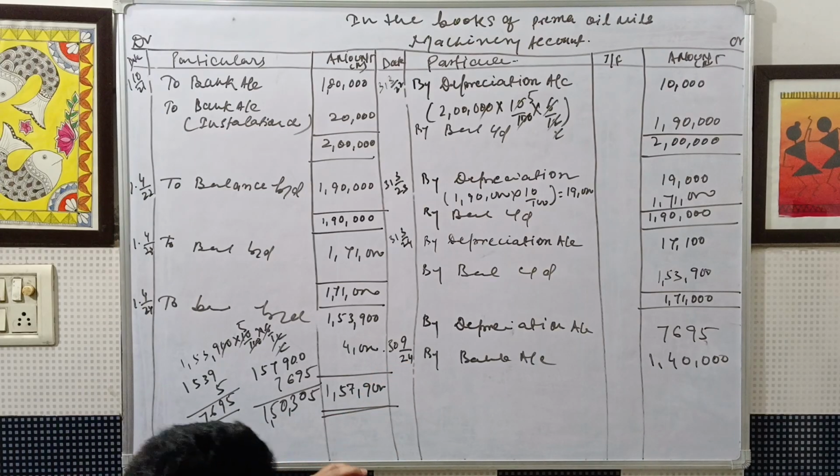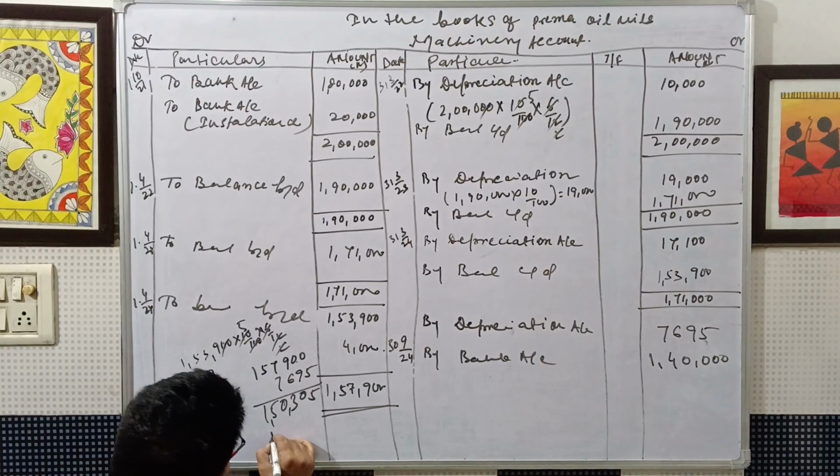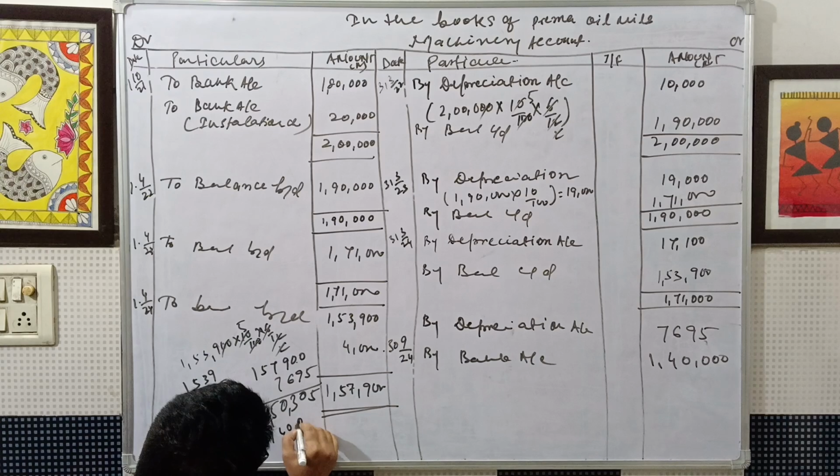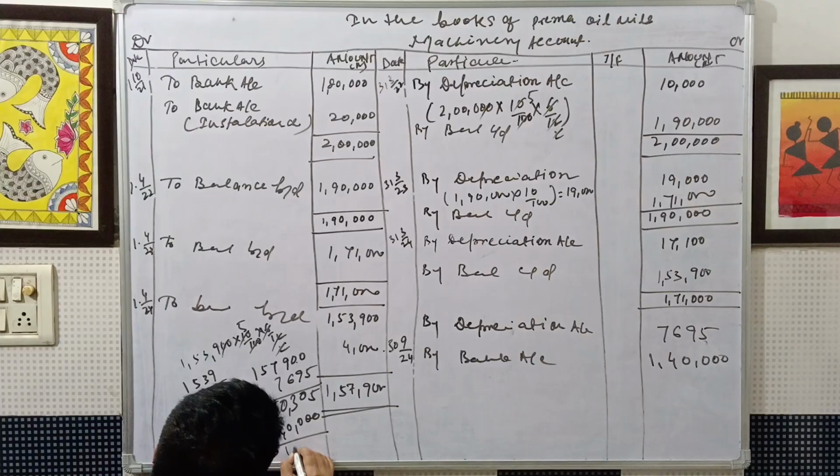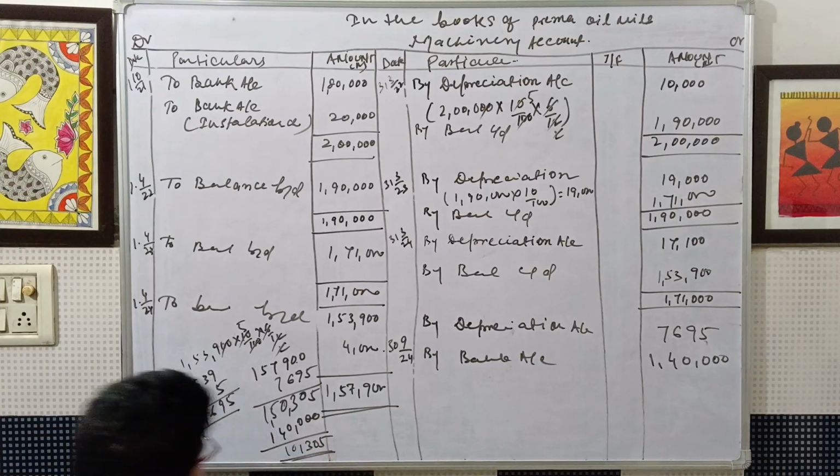But we sold it for 1,40,000. So 1,40,000 is the sale value, so it means a loss. How much loss in this machine? 10,305 is the loss.